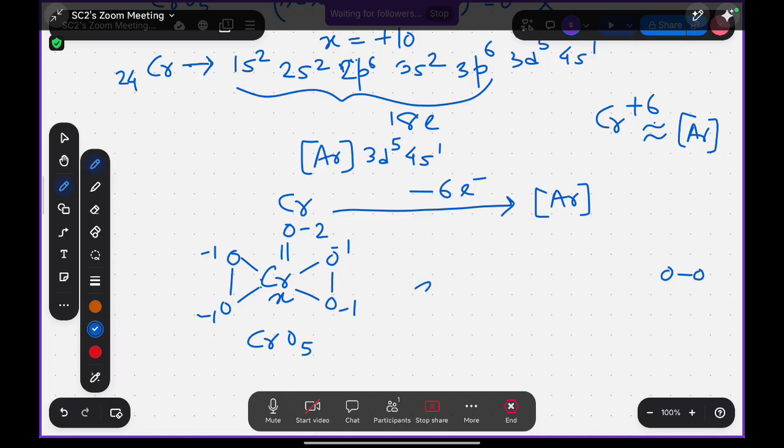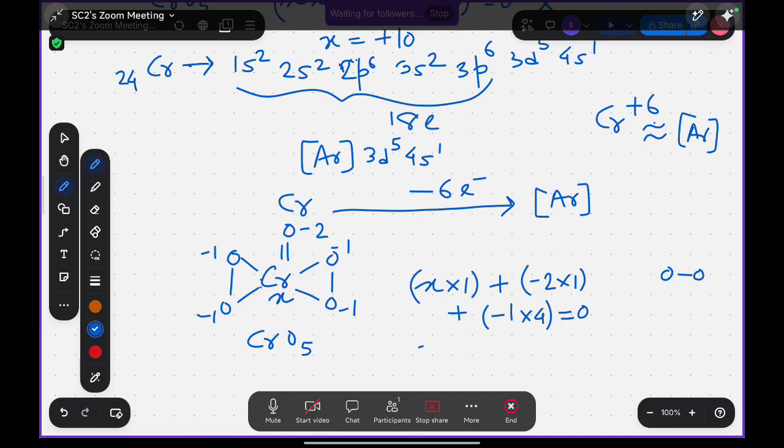So what happens? X into 1, only one chromium atom is there. One oxygen existing as oxide, minus 2 into 1. And we are having 4 peroxo oxygen atoms, so minus 1 into 4, is equal to 0.